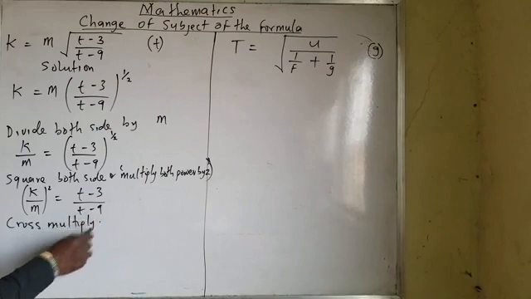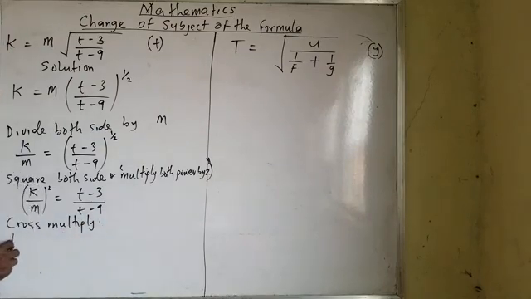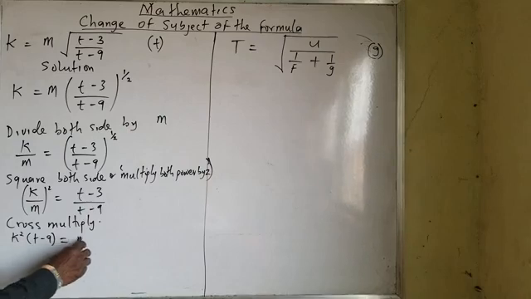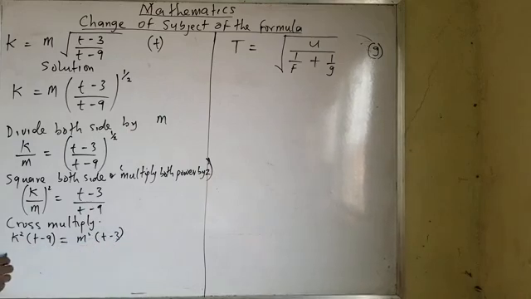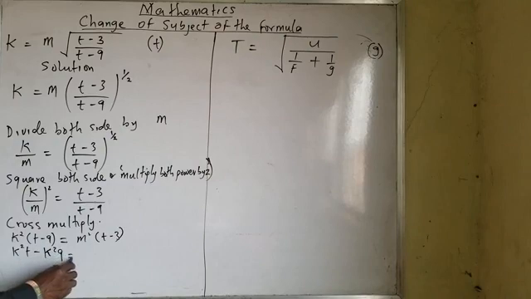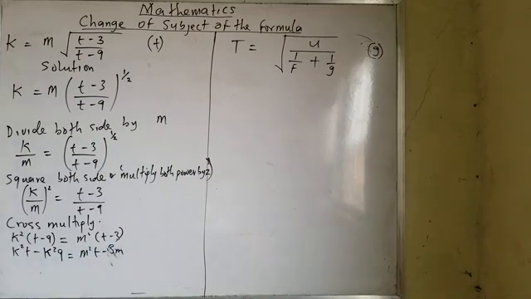So when I cross multiply, I'll be having K squared bracket of T minus 9 equals M squared bracket of T minus 3. It means I'll be having K squared T minus 9K squared equals M squared T minus 3M squared.